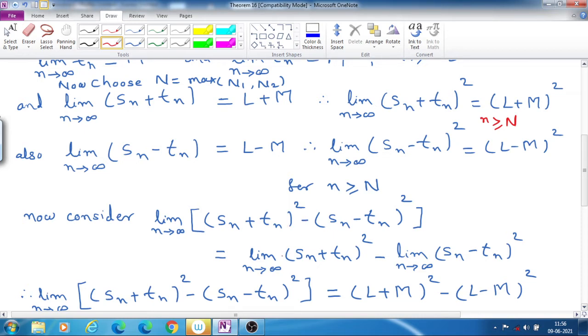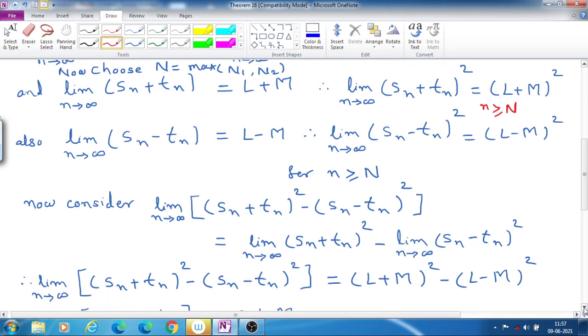So this is equal to, now the limit of this subtraction of two squares we can separate, and write that this is equal to limit of (Sn plus Tn) square, the first term, minus limit of the second term, (Sn minus Tn) square.